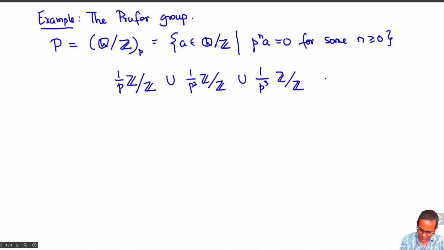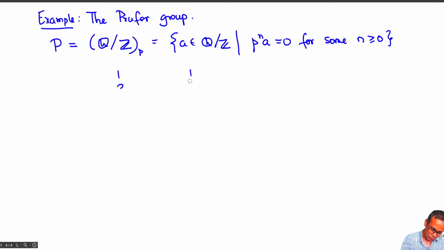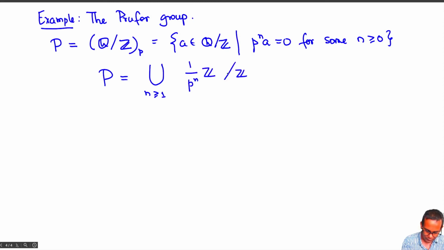So this is an increasing chain, but what we want is an infinite union, and that will give you the full Prüfer group. So what I'm saying is that the Prüfer group P is equal to the union over n greater than or equal to 1 of 1 over P to the n Z mod Z. So this is an increasing union of subgroups of the Prüfer group.